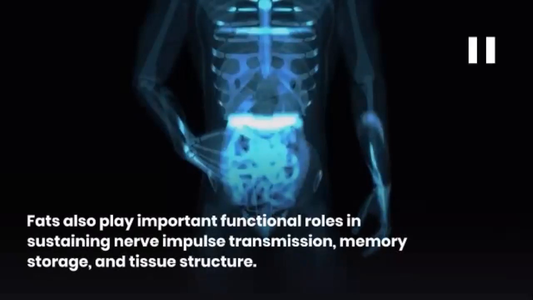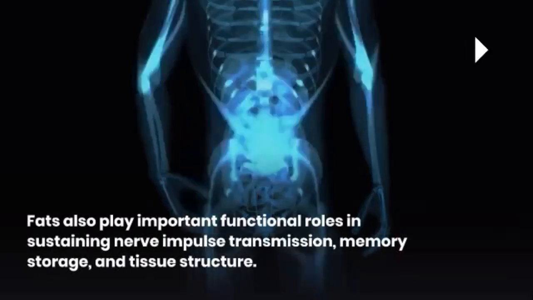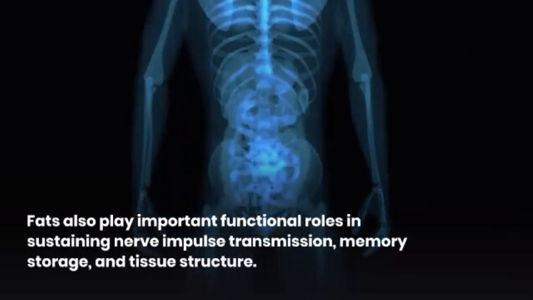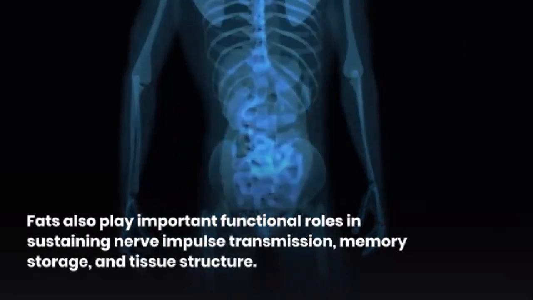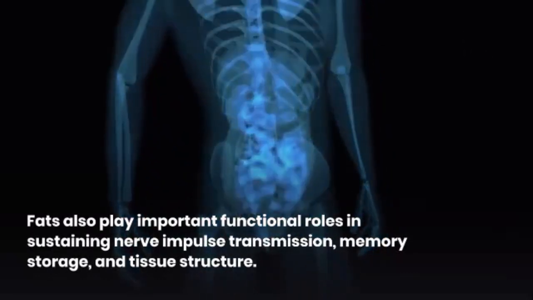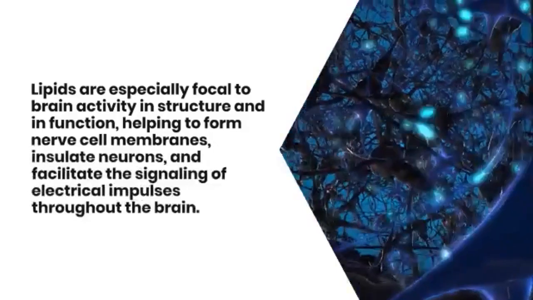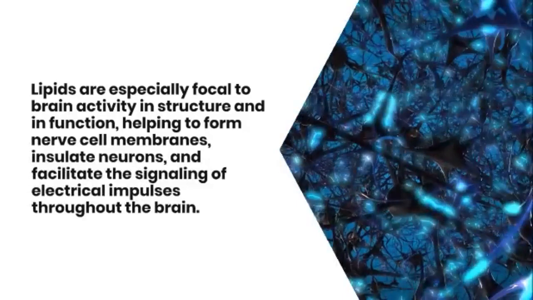I said that fat also plays an important functional role in sustaining nerve impulse transmission and memory storage. The lipids, which are fat soluble, are also especially vital to brain activity.